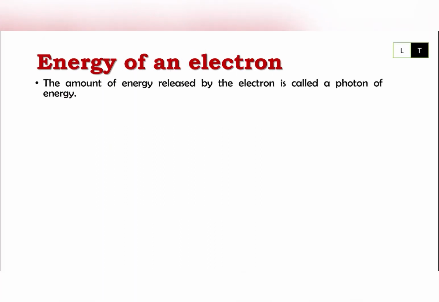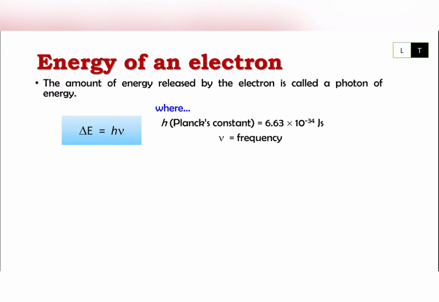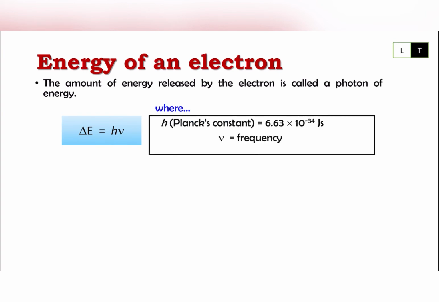Next, let's recall the photon of energy. We know this photon of energy is the amount of energy released by the electron, so this is where the emission of a photon is released. You can calculate based on this amount of energy using the formula delta E equals h v, where h is the Planck's constant with the specific value that you've learned so far, in unit joule second, and v is the frequency.